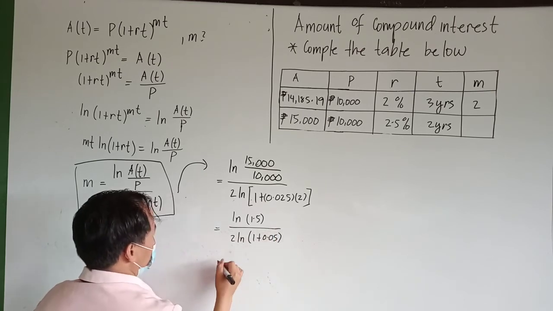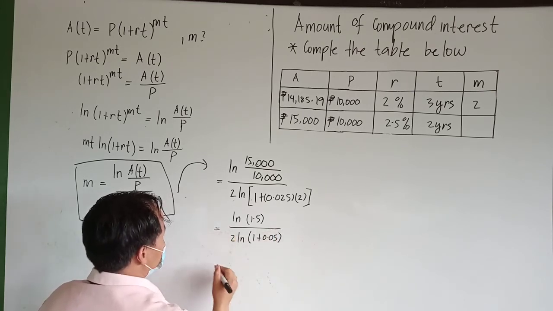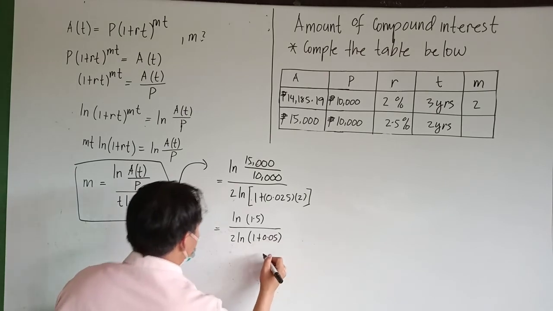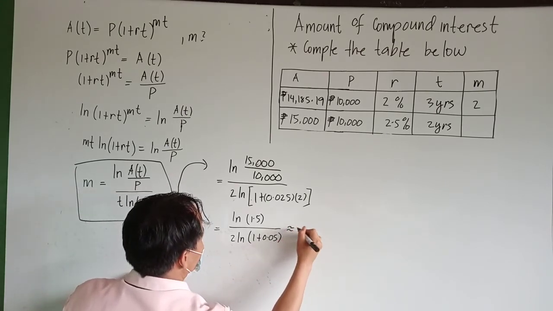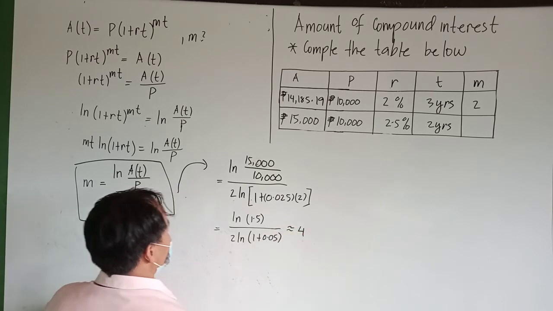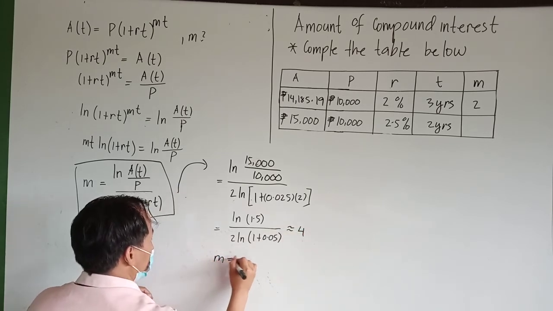Okay, next, when we simplify this one using our scientific calculator, it will give us the value that is equivalent to 4. 4 means M is equal to 4.